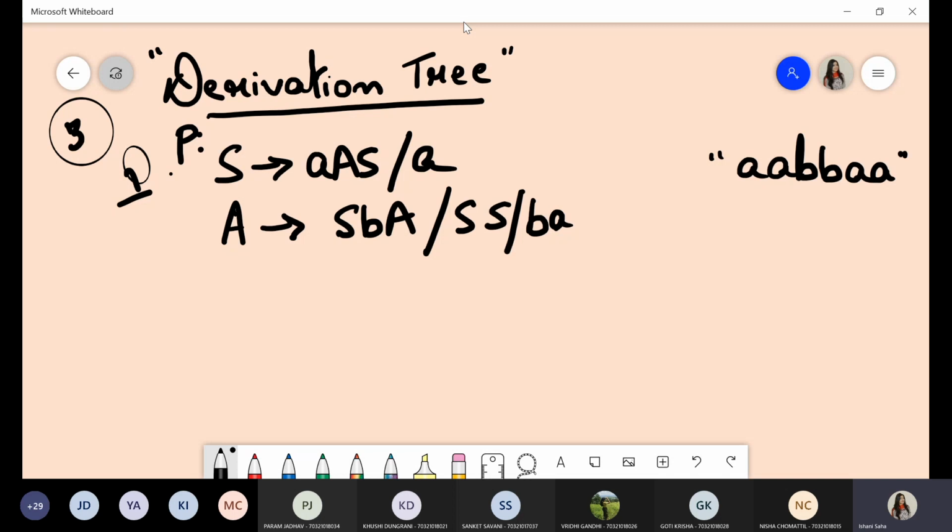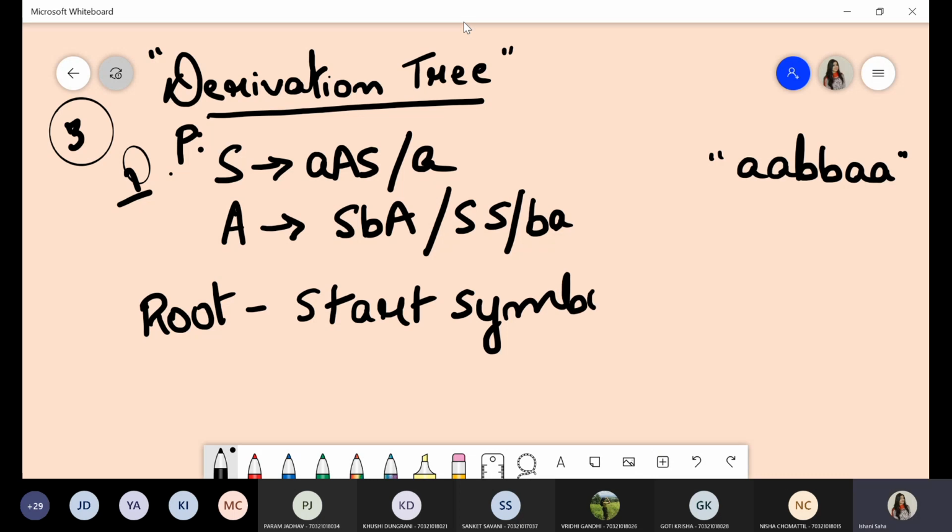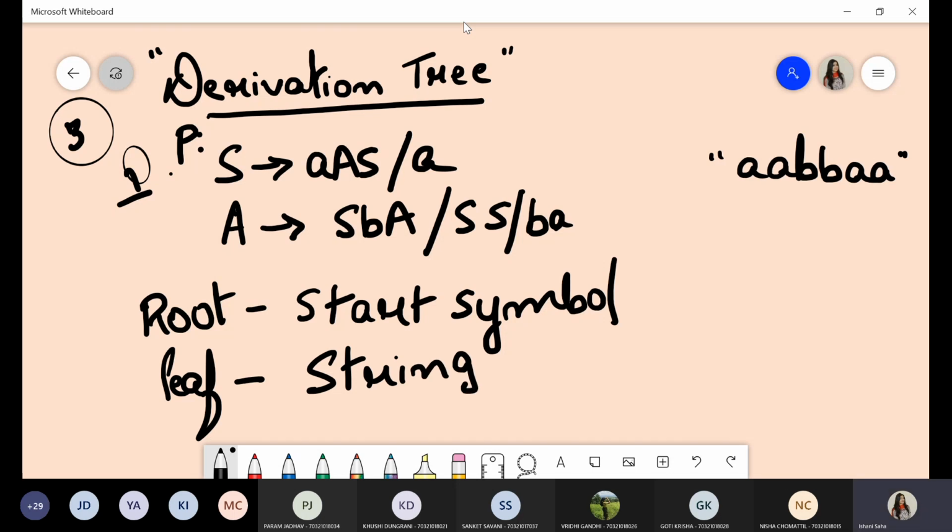Now see, for a derivation tree, there is a root node. Root node would always be your start symbol. And the leaf nodes, they would be your string. And what about the intermediate nodes?